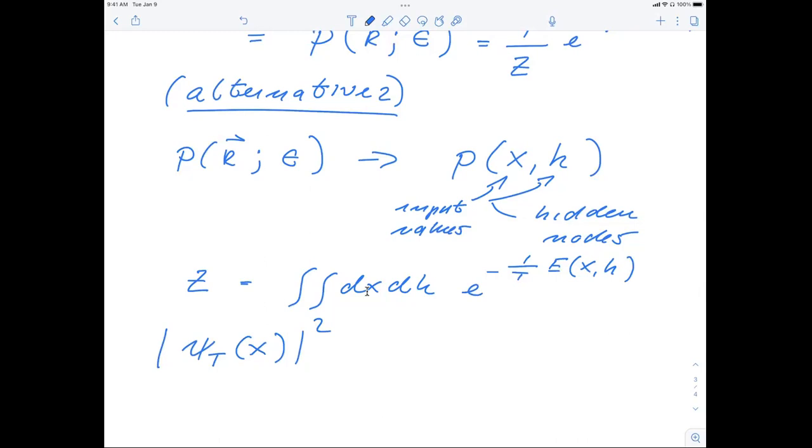So that means that we're going to get something which is called the marginal probability. So at the end, when we look at the probability distribution, we are going to integrate over dh this Boltzmann distribution, and we will integrate away the hidden nodes. So at the end, we have something which is called a marginal probability.